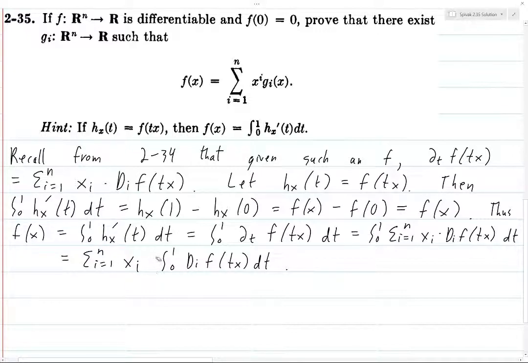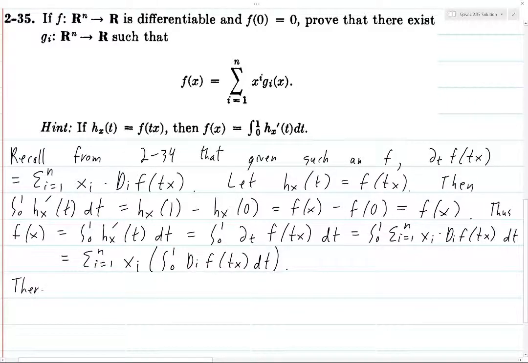This is the exact type of formula we want, because we've got f of x equal to a sum from i equals 1 to n of xi times this integral. But there's an x in here, so this is some function of x.